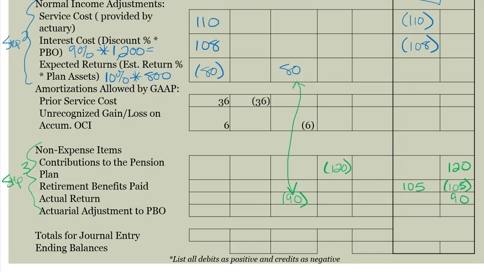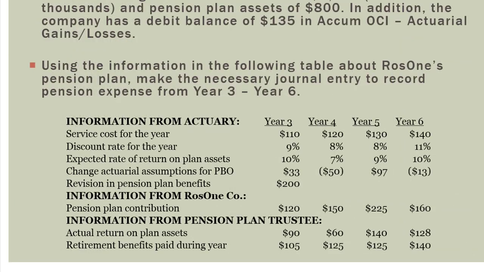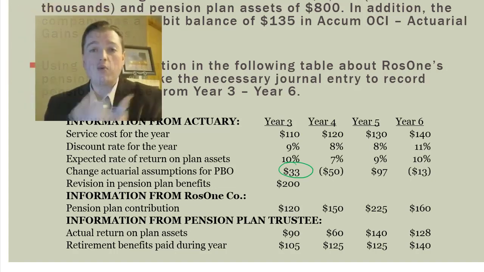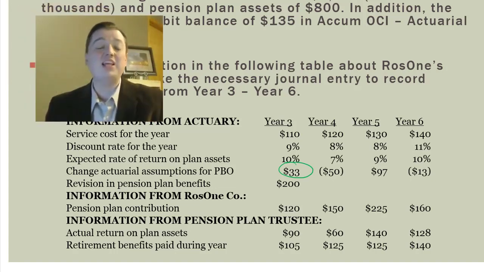So we're doing okay. The last thing was we were told that there was an actuarial adjustment to our PBO. And you have to be really careful with these numbers. I'm just going to tell you that my assumption in writing these down was that a positive number meant that it increased the PBO, so it's a credit to PBO, and a negative number would reduce the PBO. That's how I've written them in this example.